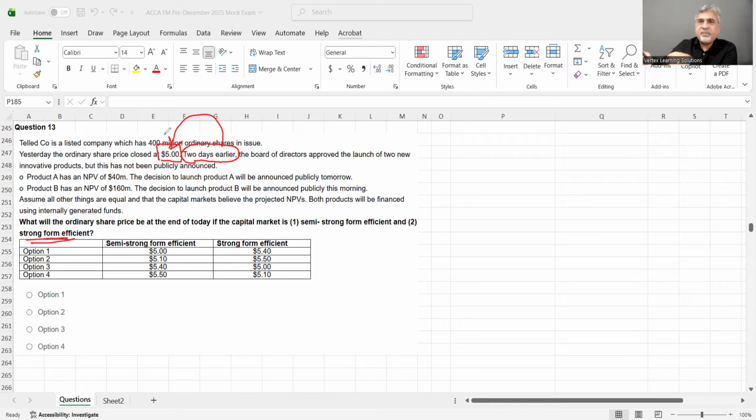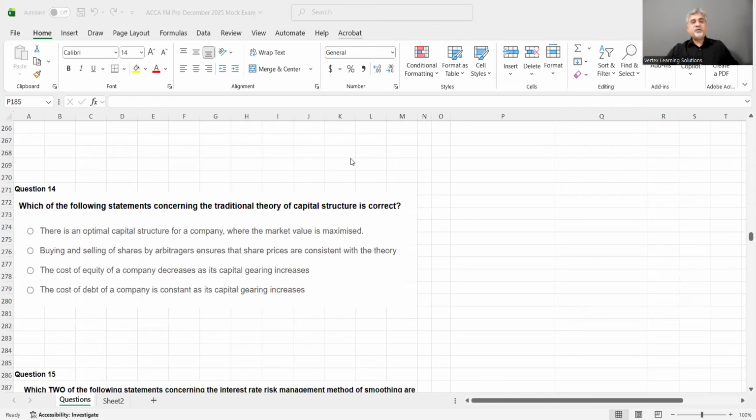So now, even if they make some announcement, there will be no change. The market will remain the same because this decision was made 2 days earlier, and it was insider information which has already spread in the market. Everybody knows it, and the $5 actually includes the effect of this, and therefore the answer is option 3, which is 5.40. In strong form efficient, nothing will happen. Share price $5 already includes everything.